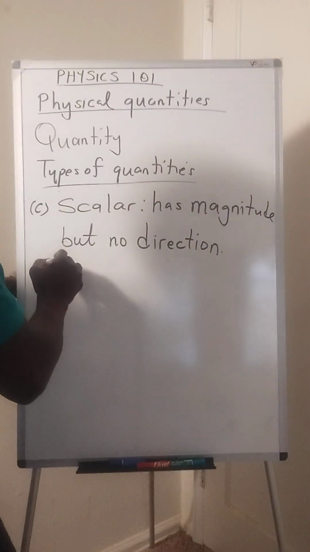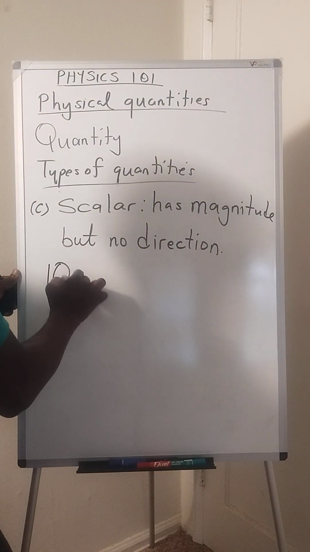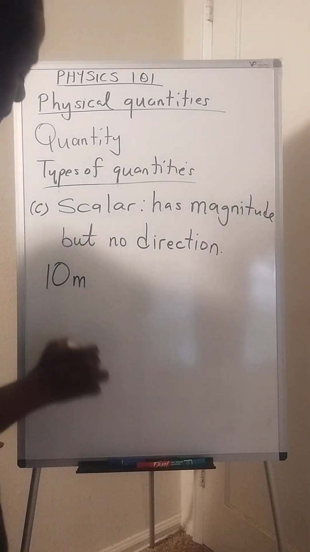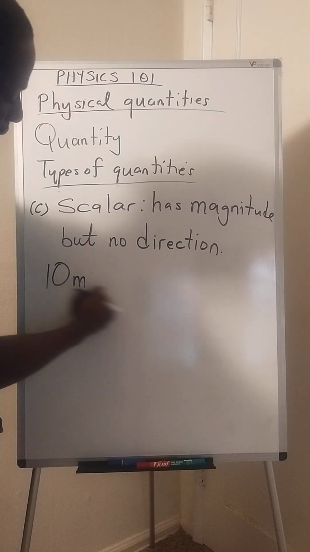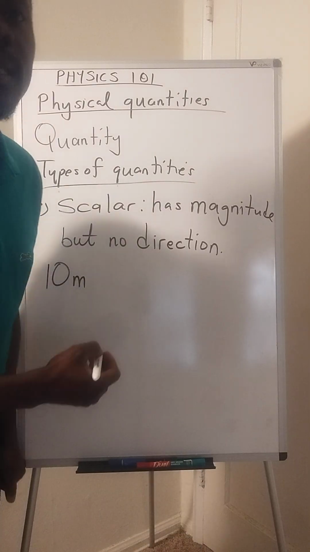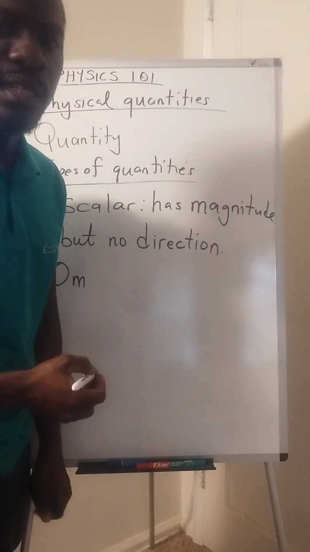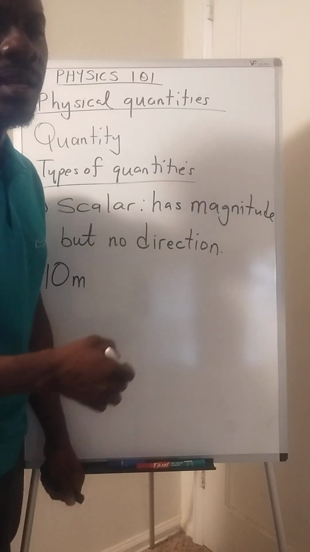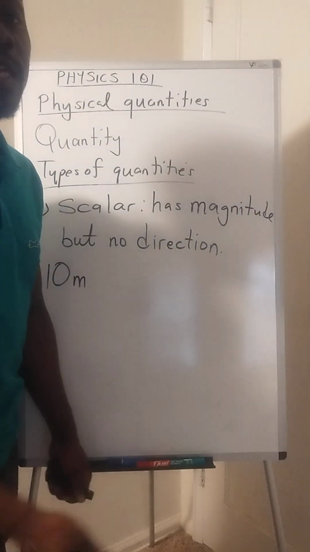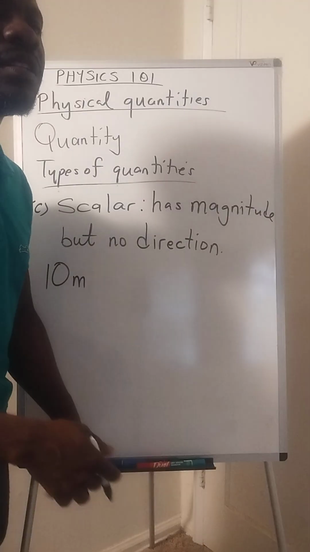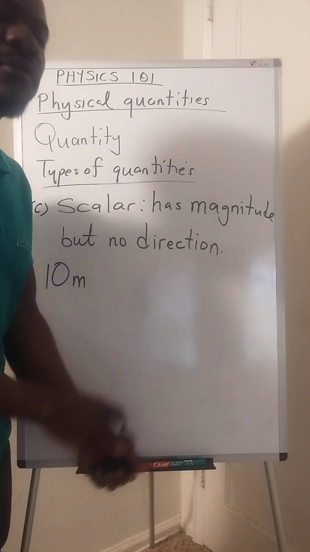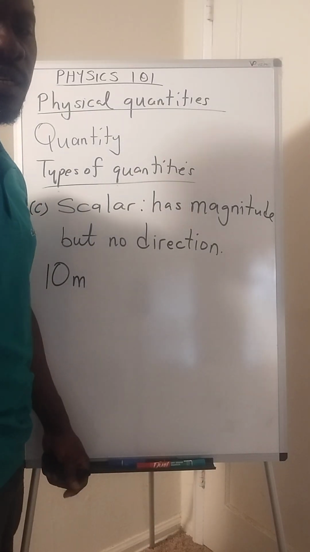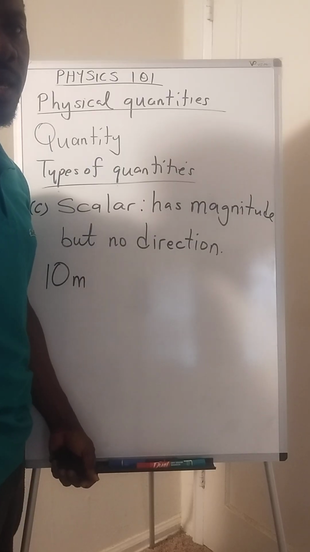So if I write 10 meters, this one, 10 meters what? When I say 10 meters, or 10 centimeters, or 40 miles, or 25 kilometers, or 25 degrees Celsius, or 75 degrees Fahrenheit, okay?